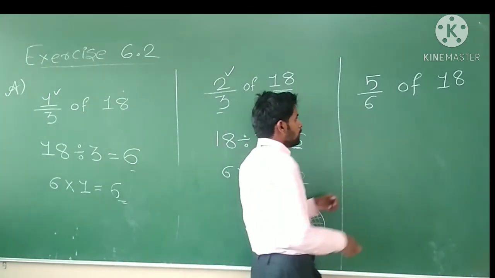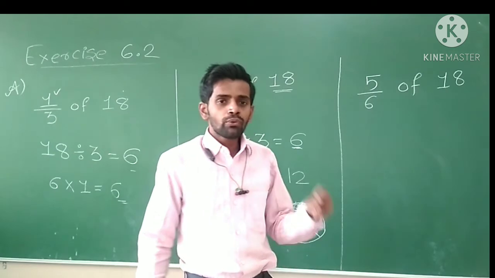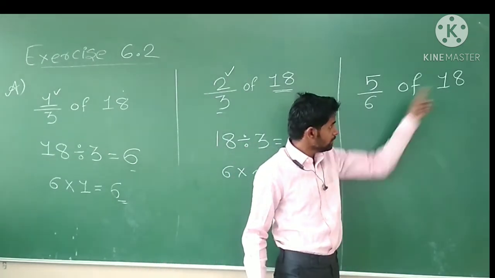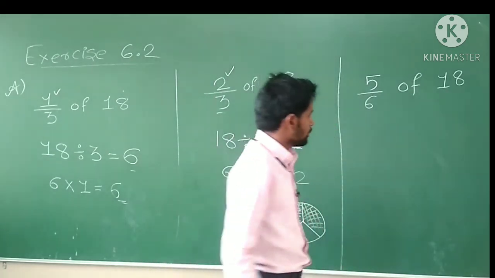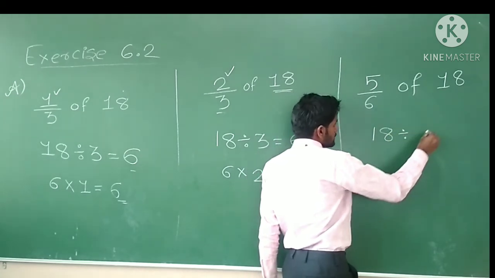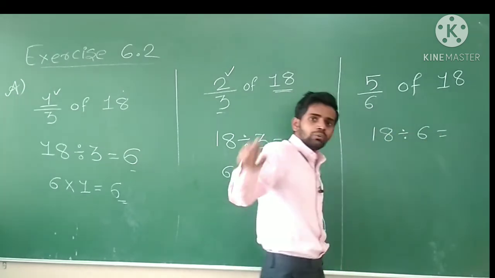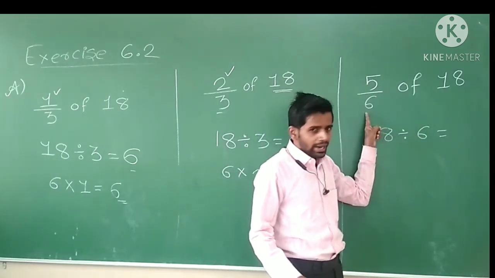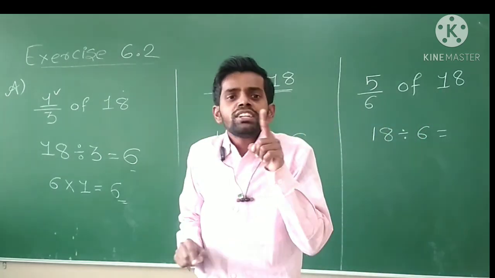So first of all, we will divide this 18 by the denominator, that is 18 divided by 6.